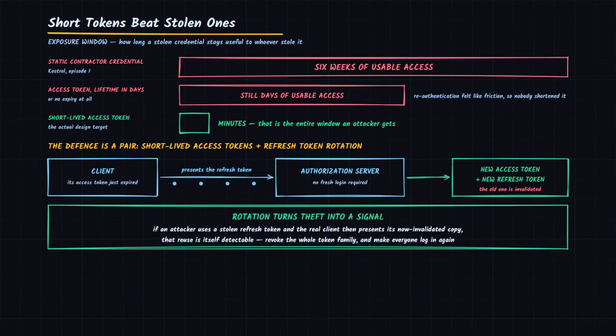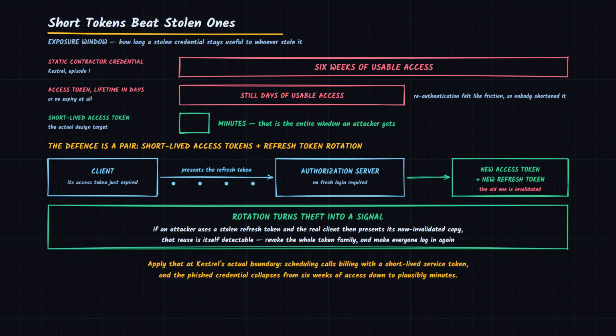Picture this applied at Kestrel's actual boundary. If the scheduling service had called the billing service using a short-lived service-level access token instead of a static, long-lived credential, that phished credential's value collapses from 6 weeks of usable access down to whatever the token's lifetime happened to be. Plausibly, minutes.